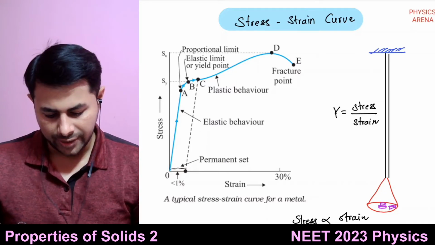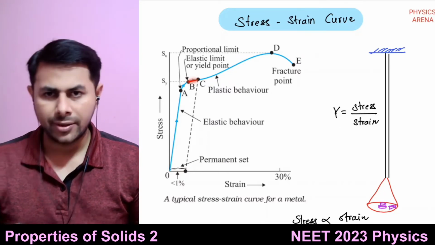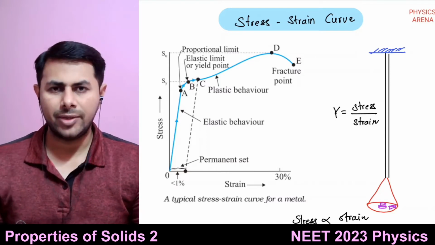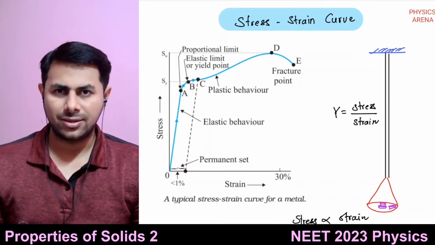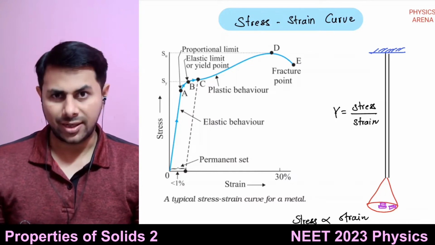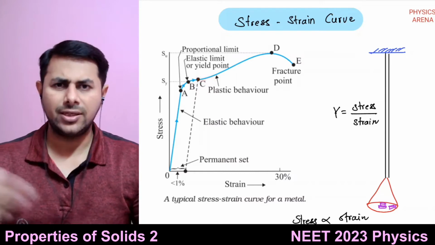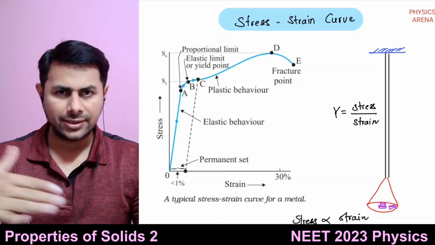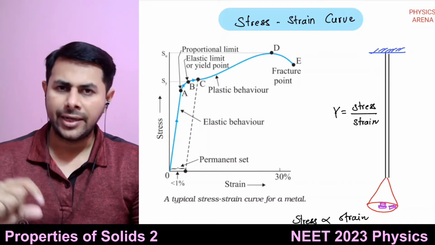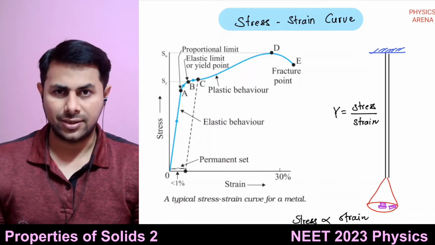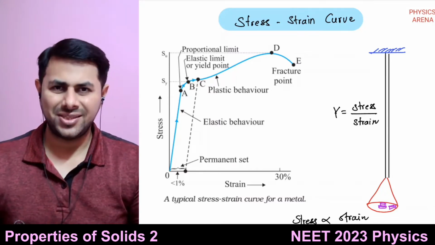So is it clear? Then see, we have seen from point B to C what happens: for very little increment in stress, there is large increment in strain. After point C, once again, now the wire has yielded, but after this point C, what happens? Again you have to increase the stress. So now the wire doesn't flow that easily.